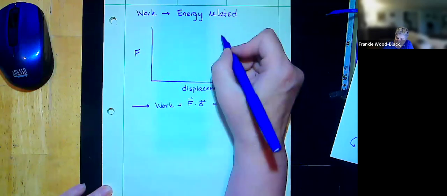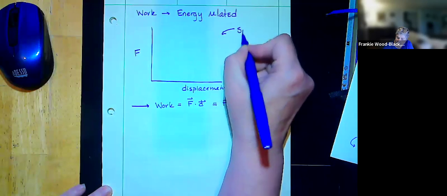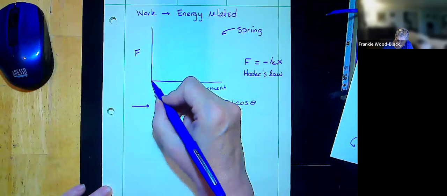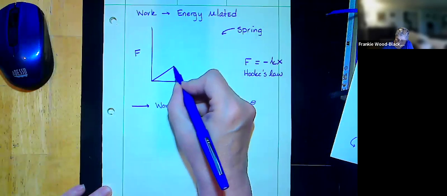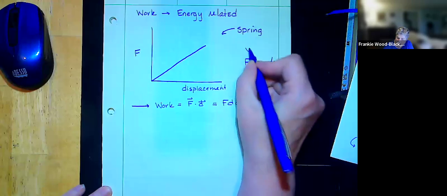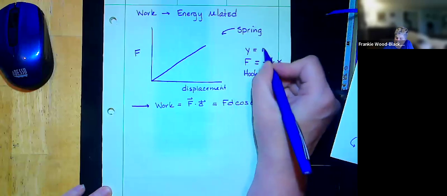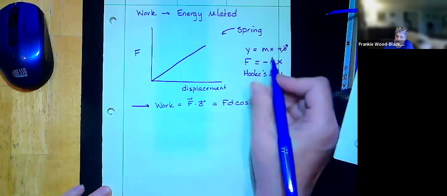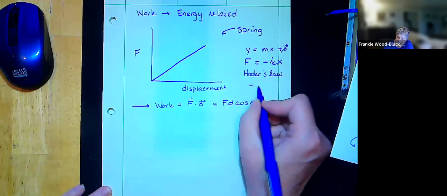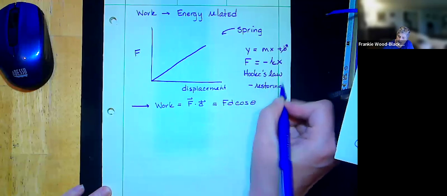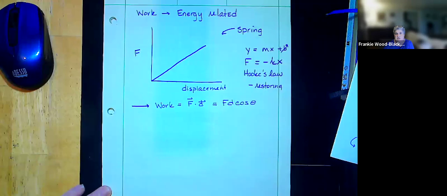And if I'm doing this for a spring, we get our line here because this is of the form y equals mx plus b, and it just so happens that b is 0. The negative is a restoring force, which is why we have that. But I get this displacement.